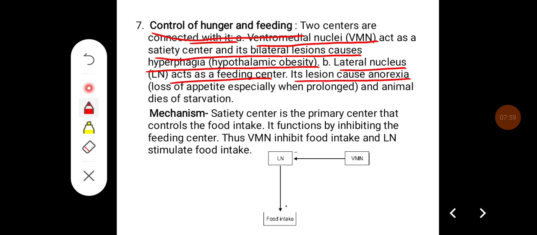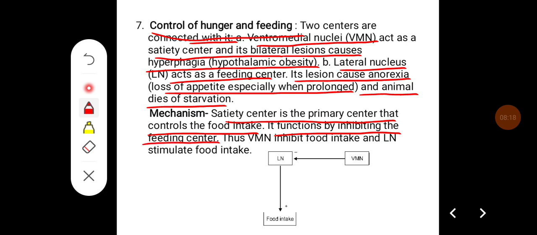Its lesion causes anorexia, that is loss of appetite, especially when prolonged, and the animal dies of starvation. The mechanism is that the satiety center is the primary center that controls food intake, and it functions by inhibiting the feeding center. Thus, the VMN inhibits food intake and the lateral nucleus stimulates food intake.